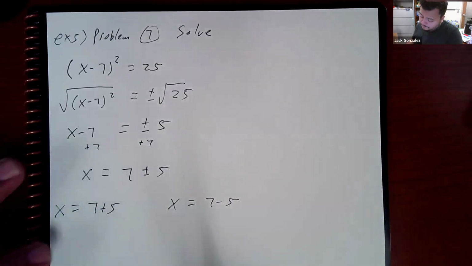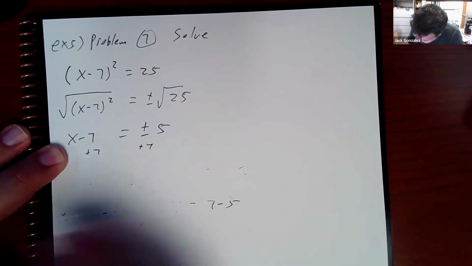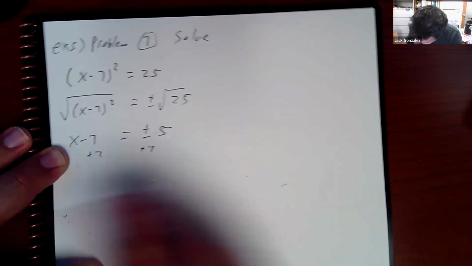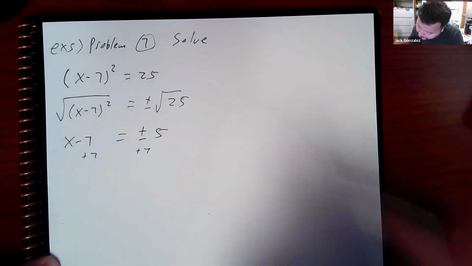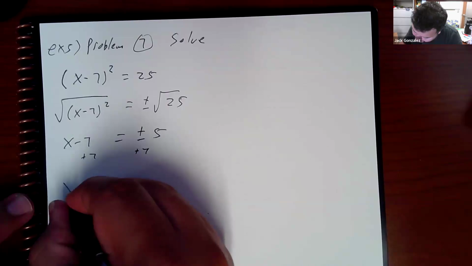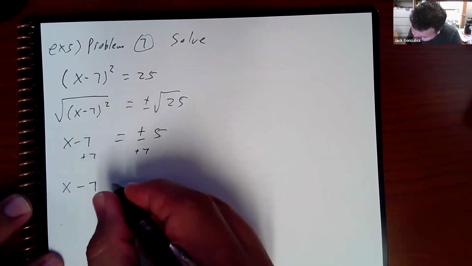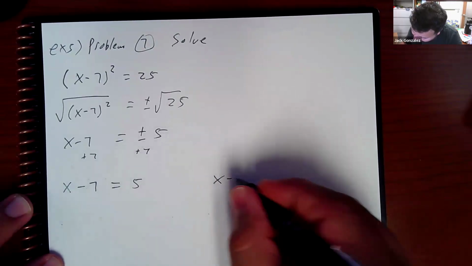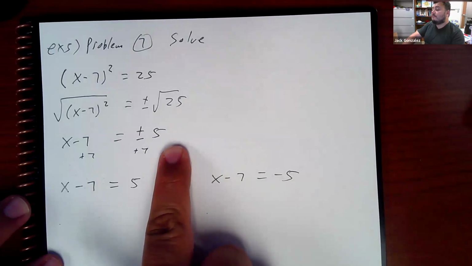If you prefer, we could do this. We could say that this x minus 7 equal to 5 and x minus 7 equal to negative 5, because we have two different ones.